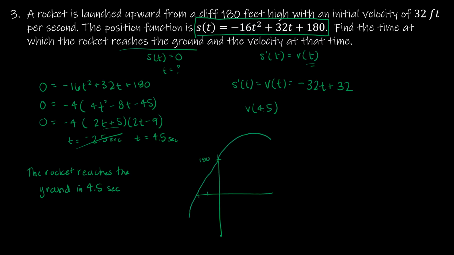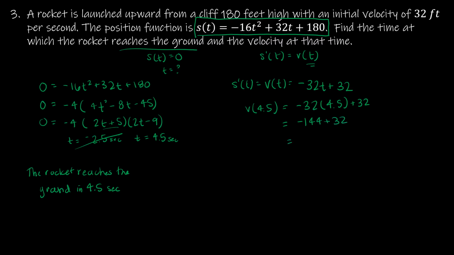So it's kind of this situation that we have going on. So don't be concerned that there was a negative. We only care about the positive 4.5. So I digress, back to the math, just making sure we understood exactly what was going on. So v of 4.5 means negative 32 times 4.5 plus 32. That gives me negative 144 plus 32, or negative 112.